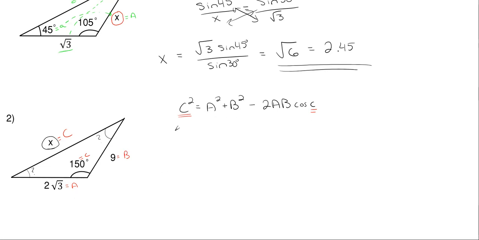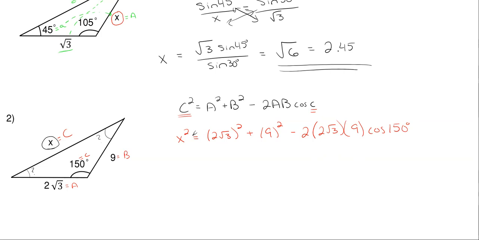So let's go ahead and fill in this law of cosines equation here. We would have x squared is equal to 2 square roots of 3 squared plus 9 squared for our two sides, minus 2 times a, which is 2 square roots of 3, times b, which is 9, times the cosine of our angle, which is 150 degrees.